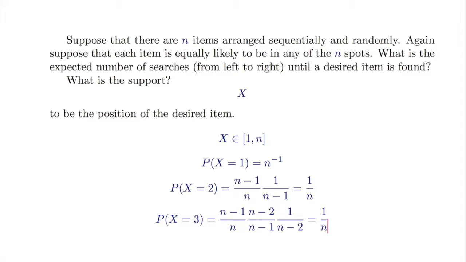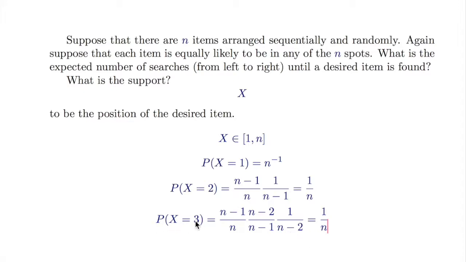So by induction, what is the probability that x is equal to i? Well, it's going to be n minus 1 over n times n minus 2 over n minus 1, dot dot dot, times 1 over n minus i plus 1.